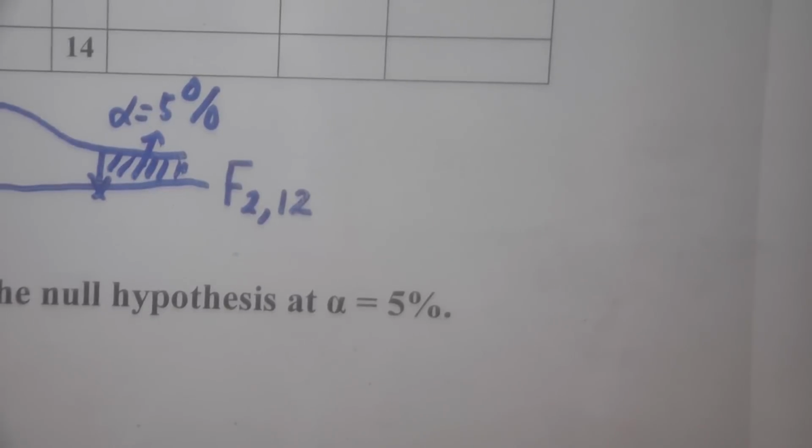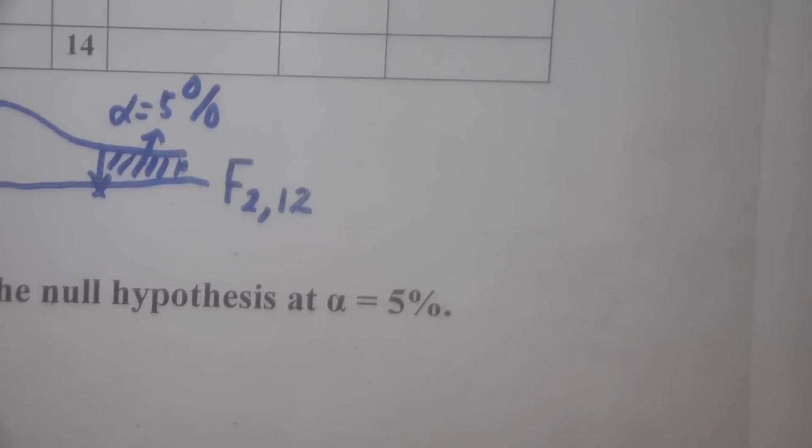And 5% is what? Alpha equal to 5%. That means we chop off the top 5%. This is 5%. And the critical F value in this case is 3.88.